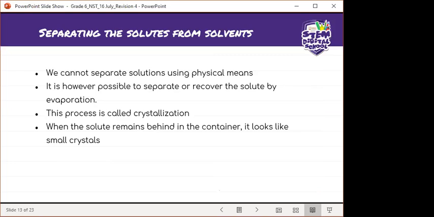For example, if I have a beaker of water as well as salt and I want to separate the water from the salt, I would need to heat the water and wait for all the water to evaporate, and then my salt will remain behind in the beaker, leaving the crystal salts behind.